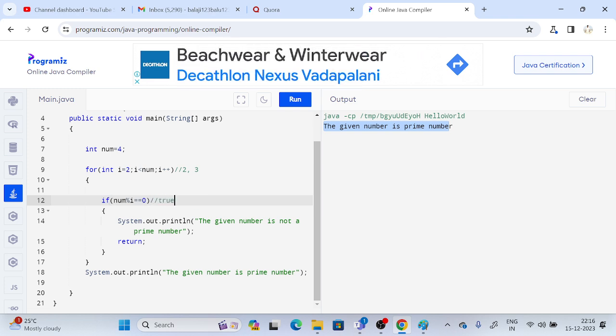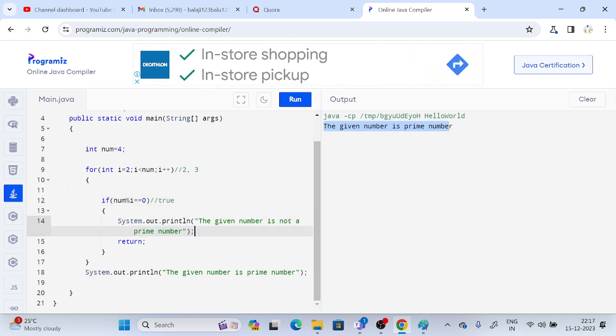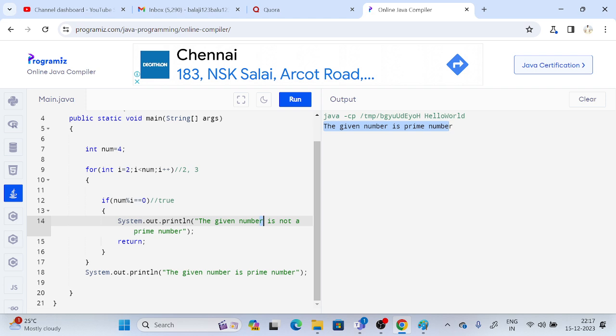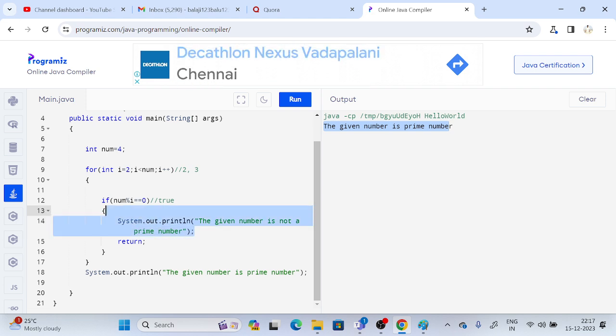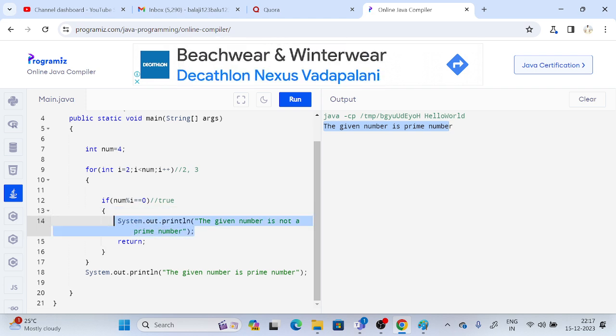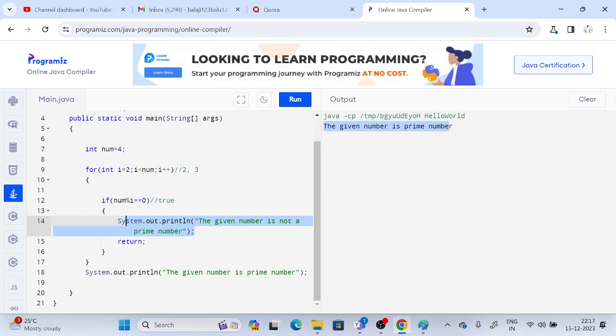If the if condition is going to be true, obviously the control will go inside this block. That happens when the given number is not a prime number. So if I execute this if statement only once, I don't need to check the other conditions because as per the prime numbers, any number is a prime number if it has only two factors. If it has more than 2 factors, it is not a prime number, right? I have found already the third factor here.